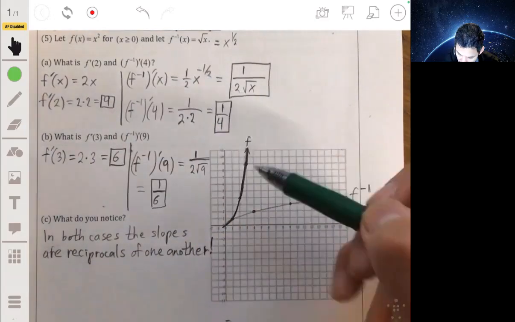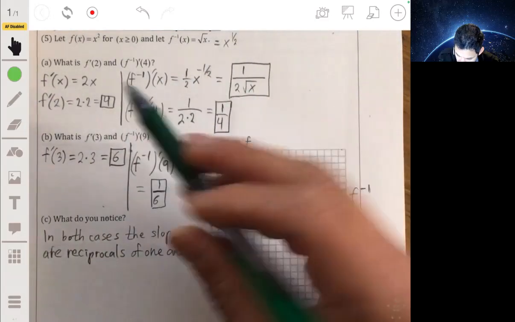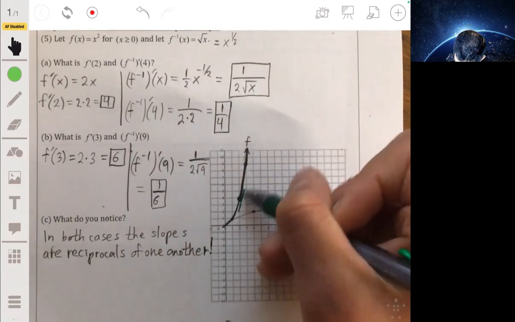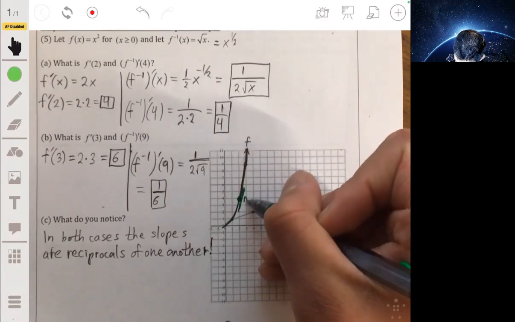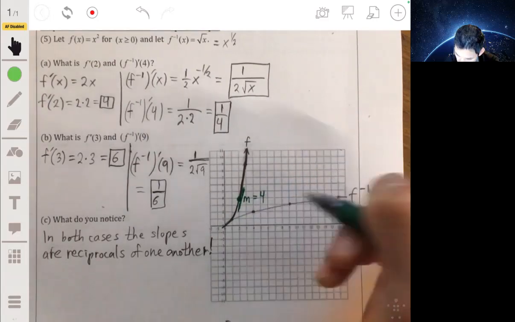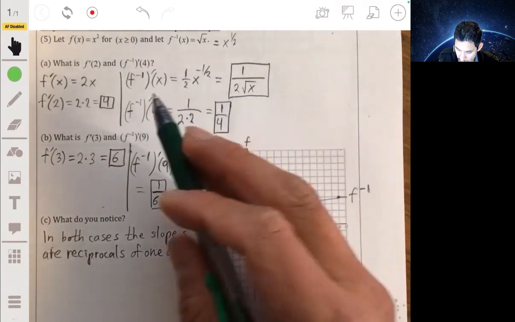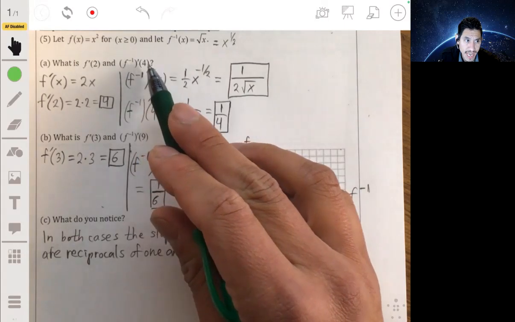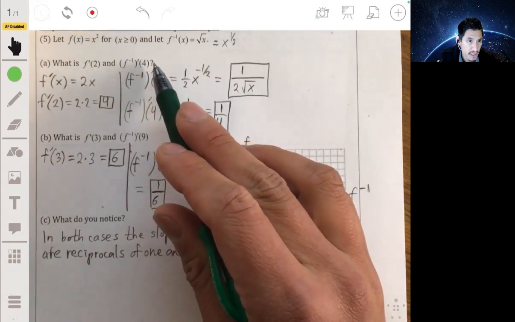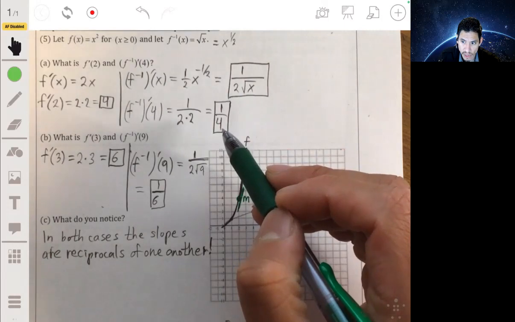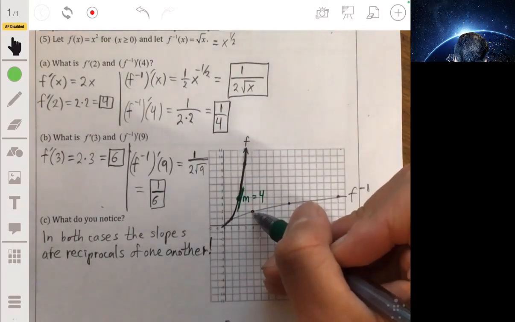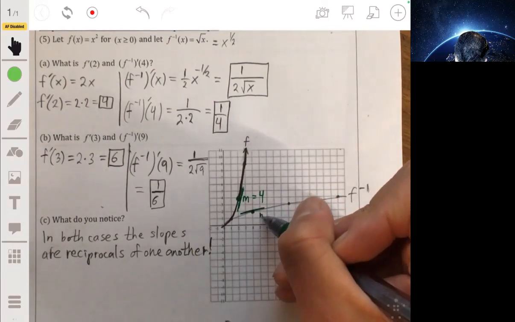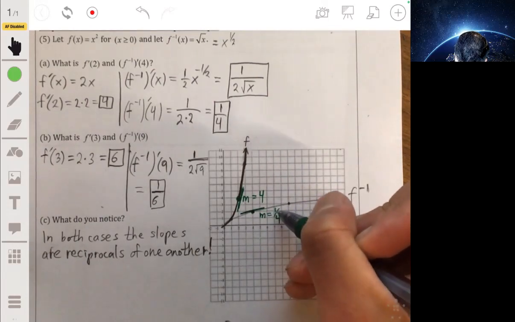On the graph of f, when x is 2, so this point right here, the slope of this tangent line is 4. And the slope of the tangent line of the inverse function when x is 4 is 1/4. So at this point here, this tangent line would have a slope of 1/4.